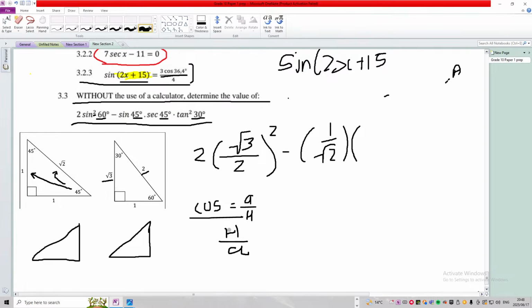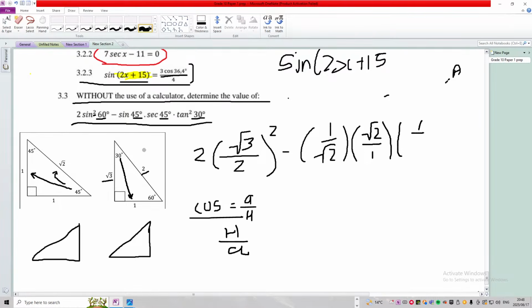Secant of 45. So hypotenuse over adjacent, which is square root of 2 over adjacent, which is 1. Bracket. Tan squared. Tan is opposite over adjacent. Tan of 30. Opposite is 1. Adjacent.